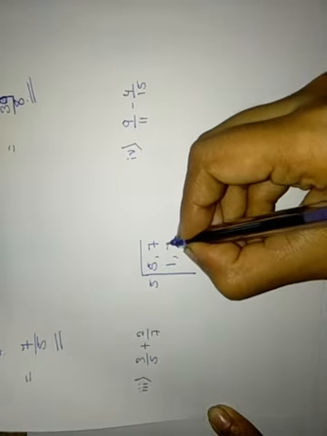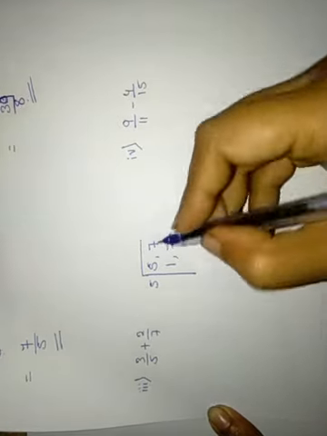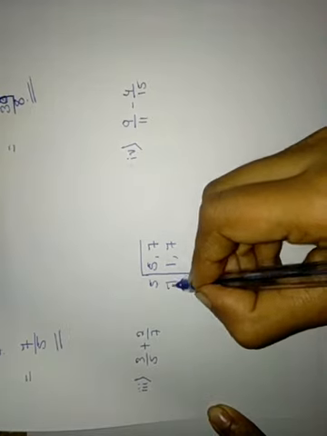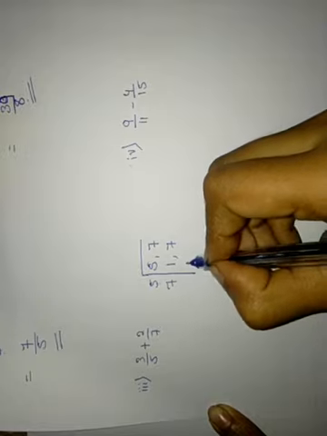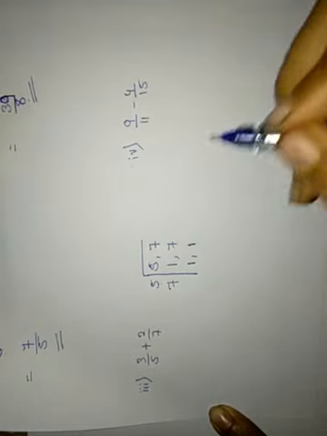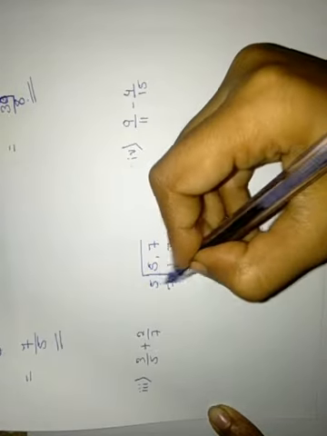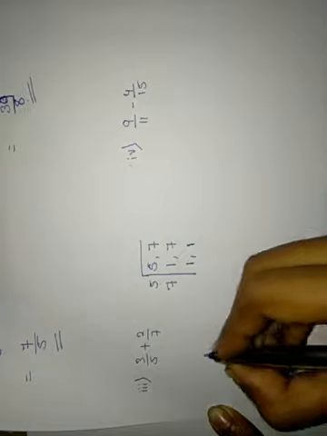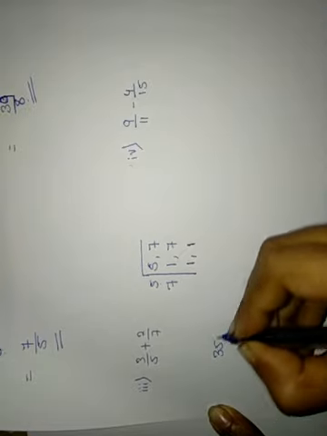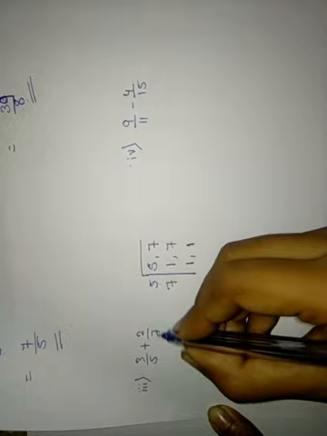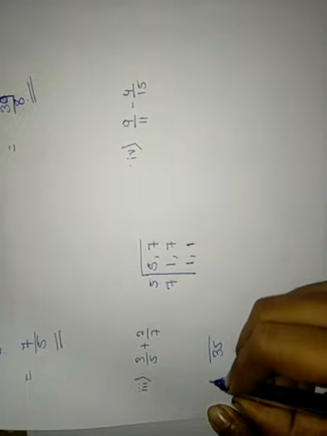Again we'll keep 7 as it is because 7 is not there in the 5 table. Again we'll take the 7 table. We'll keep 1 as it is. 7 ones are 7, right? Now we have to multiply these two values. We get 7 5s are 35. This is the LCM value of 5 and 7, right?